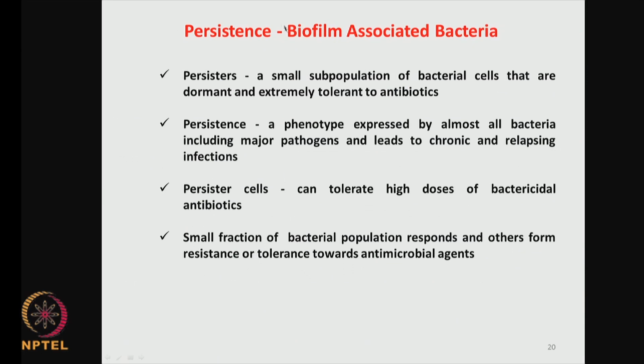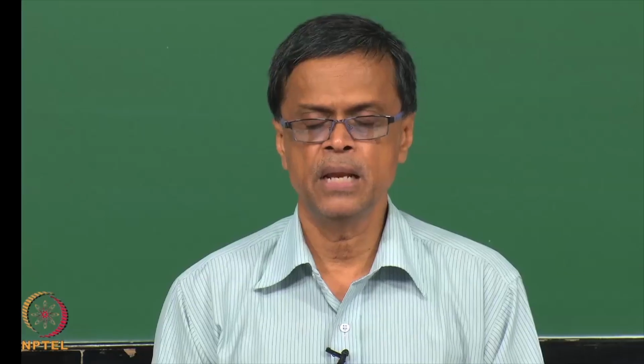There are some bacteria which become persistent once they form biofilms. These persisters are a small subpopulation of bacterial cells that are dormant and extremely tolerant to antibiotics, because you have a thick extracellular polymeric substance formed on the material with the bacteria, live and dead cells.